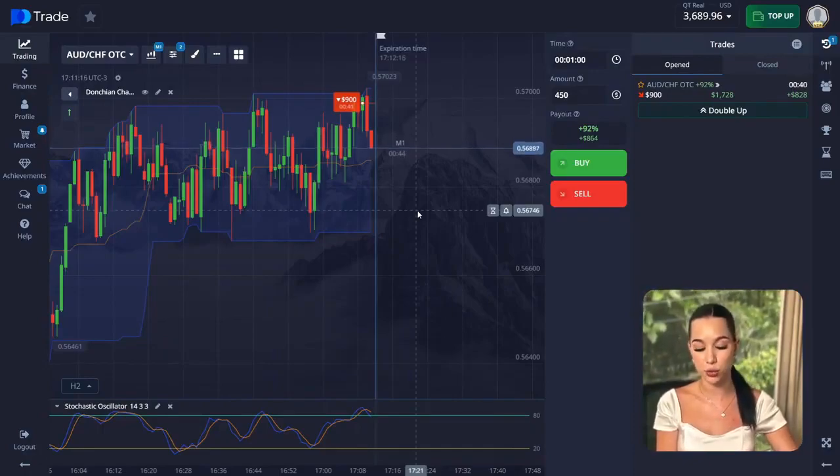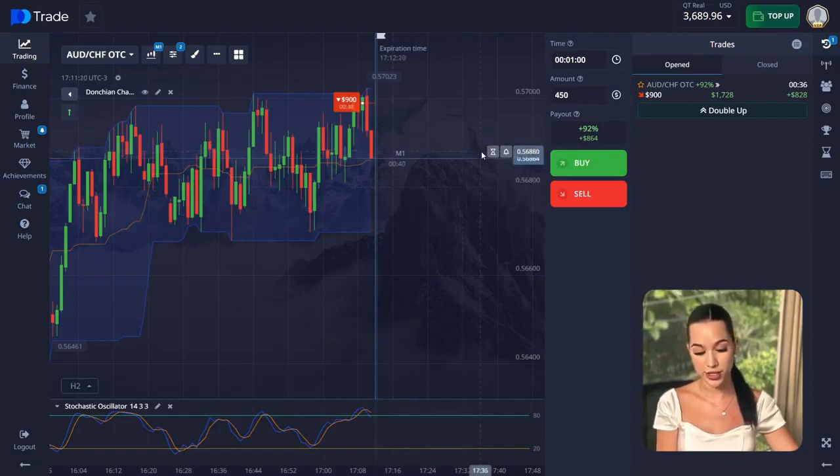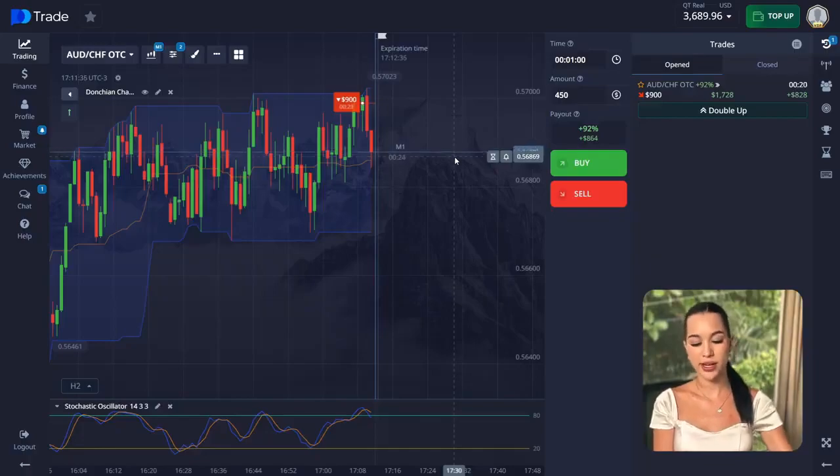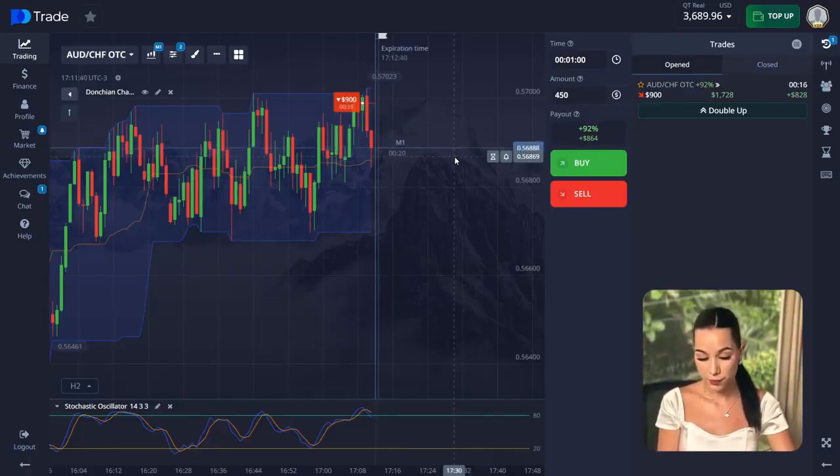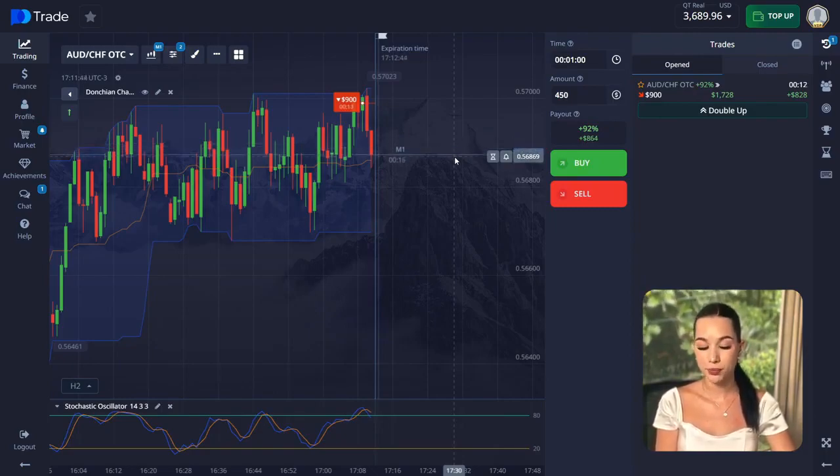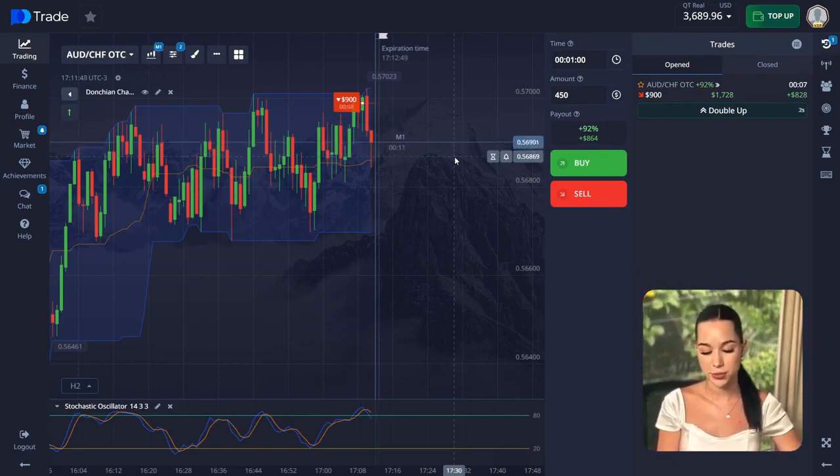But the advantage of the rollover is that it doubles my amount of money, like $450, and I don't lose another 450 as in the catch-up system, and still have a profit. I get another extra minute, so I have more chances to close this trade. So for beginners, guys, you also can use a rollover. It's a pretty useful thing. That's how you can extend the expiration time of your trade.